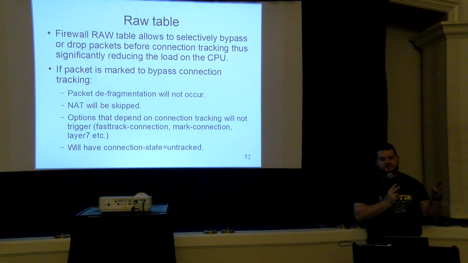It doesn't require reassembly by connection tracking. NAT will be skipped. And some of the options that require advanced connection tracking features like mark connection, fast track connection, layer 7 will not work anymore for that traffic. But the regular options like source, destination IP address, and most used options will still work quite fine in the firewall. And this traffic will have connection state untracked.